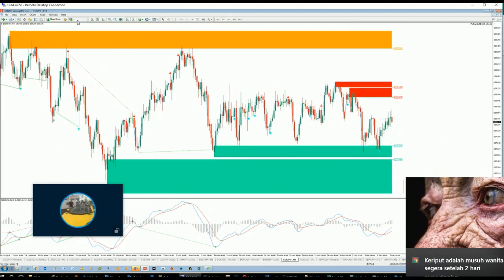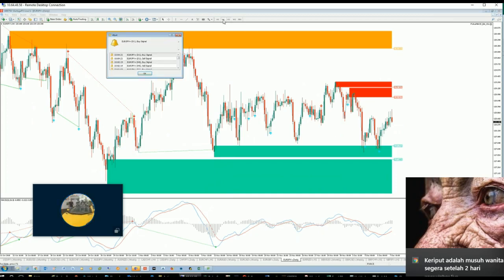Make sure it's a smiling face, then move on to the next asset. It shows a smiley face here. Yeah, auto trading, that's all. Let's move on to the next asset.